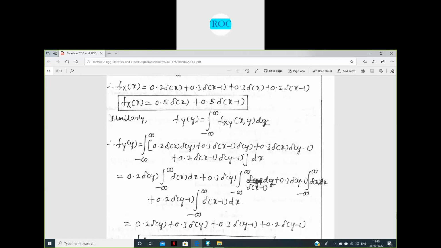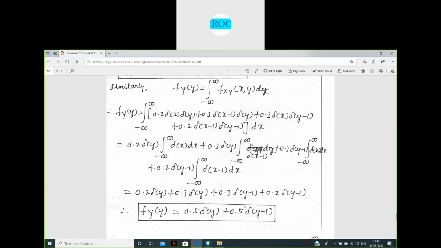In the first term we have 0.2 δ(y) times the integral of δ(x) dx, plus 0.3 δ(y) times the integral of δ(x−1) dx, plus 0.3 δ(y−1) times the integral of δ(x) dx, plus 0.2 δ(y−1) times the integral of δ(x−1) dx.